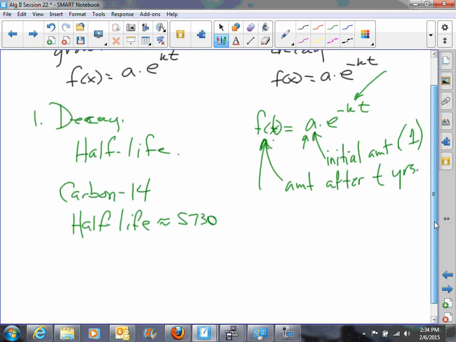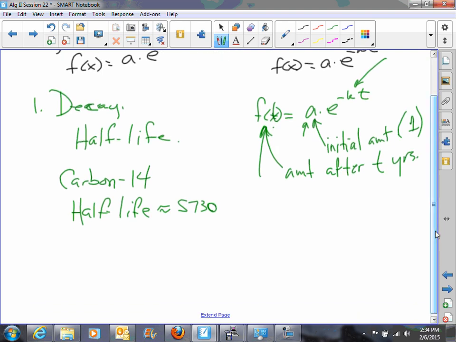So now, what we know is that F of 5,730 is going to be 50% if it's carbon-14, because remember, carbon-14's half-life is 5,730 years. So after 5,730 years, 50% of the carbon-14 will remain.